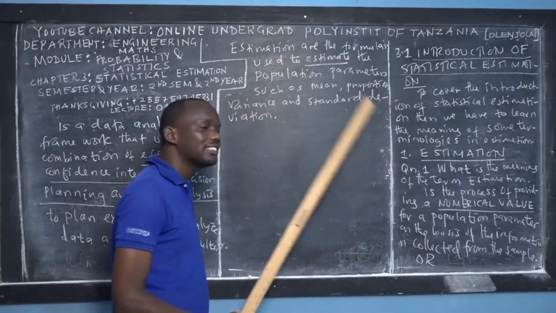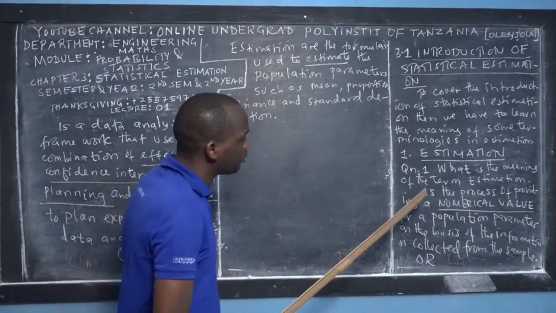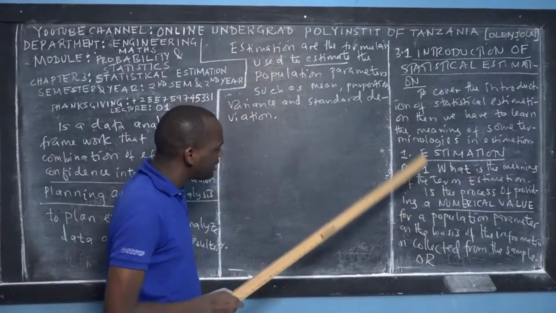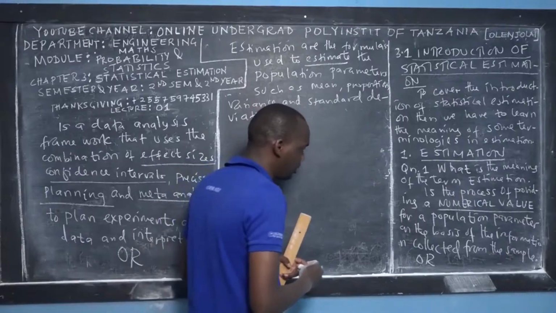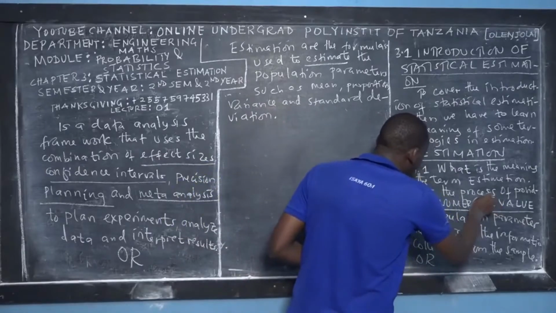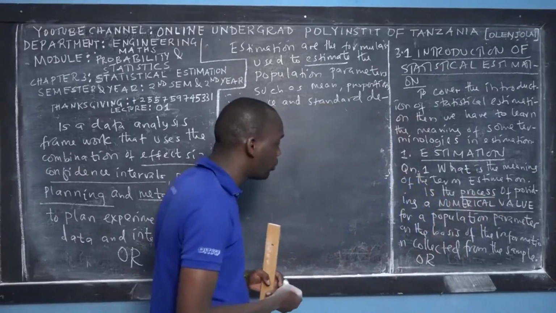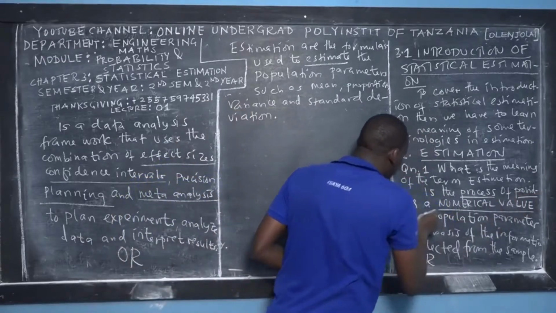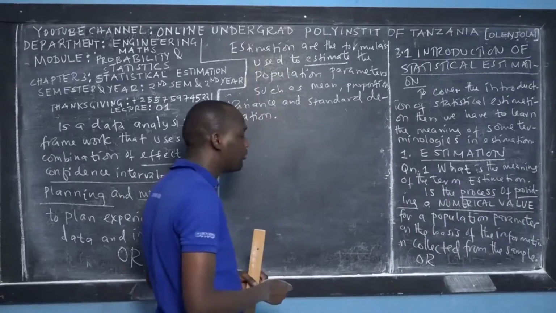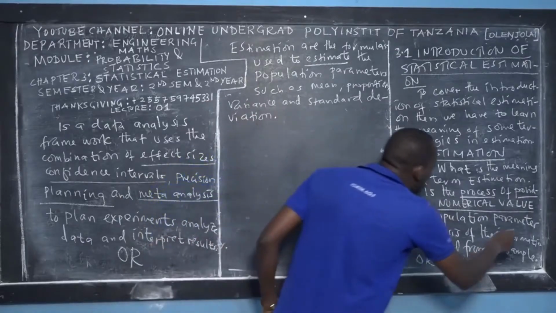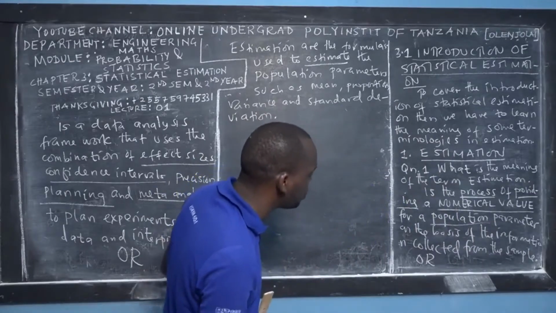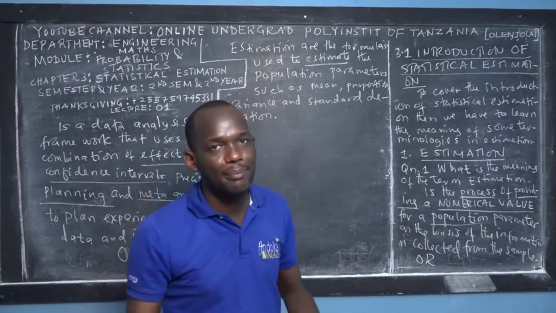The question on the spot is, what is the meaning of the term estimation? Estimation is a process. It's not just a shortcut, it's a process of providing a numerical value, not politics, providing a numerical value for a particular population parameter, for example proportions, mean, standard deviations.